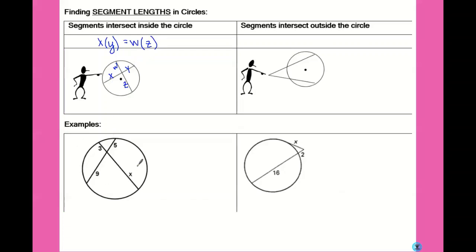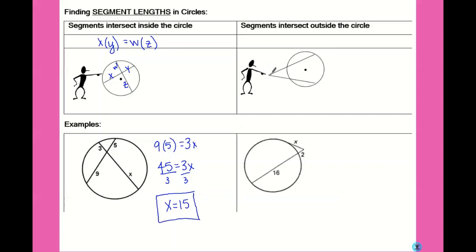So let's put that to use in this example here. The two pieces, 9 and 5, so 9 times 5 would have to equal the other two pieces, 3 times x. 9 times 5 is 45 equals 3x. Divide both sides by 3. X would equal 15.